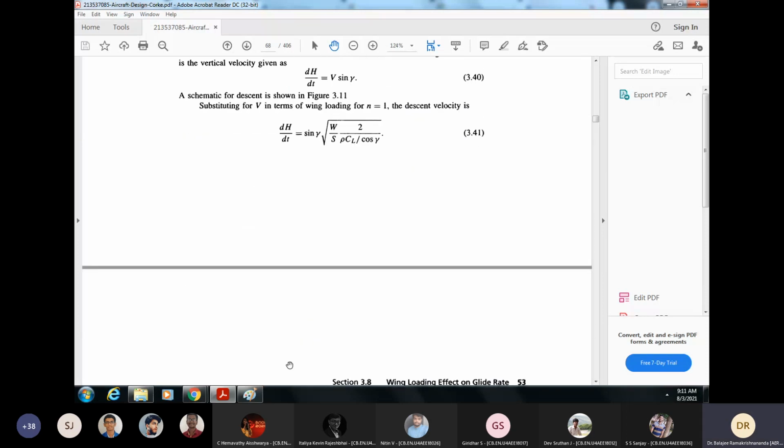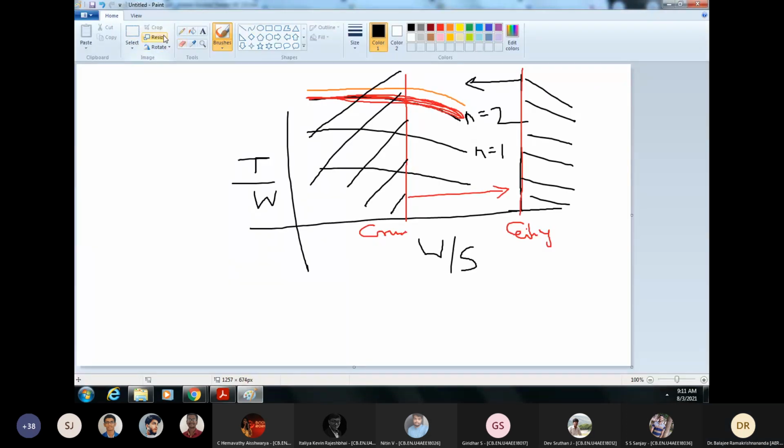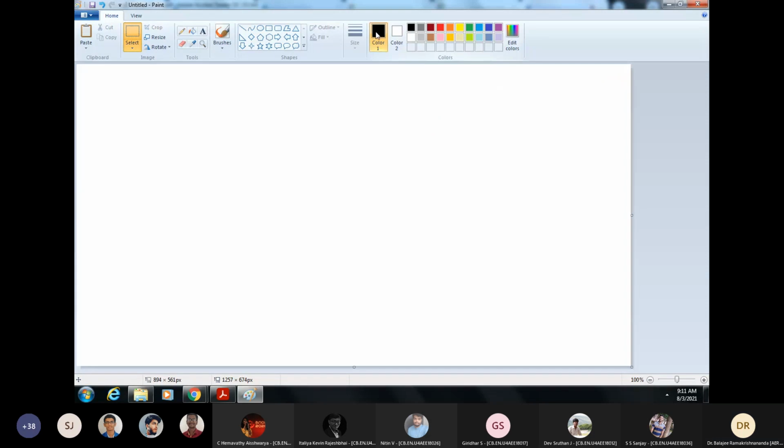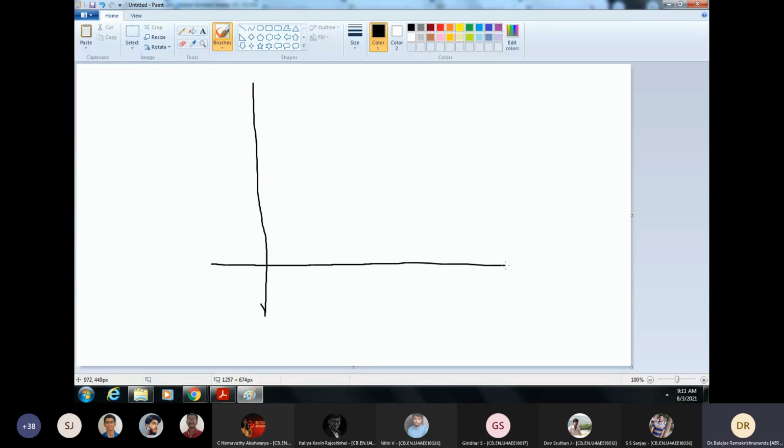So at the end, finally, very general for all the groups now. Now you have T by W versus W by S. Now let's say you draw all these important red line ones on the same graph.